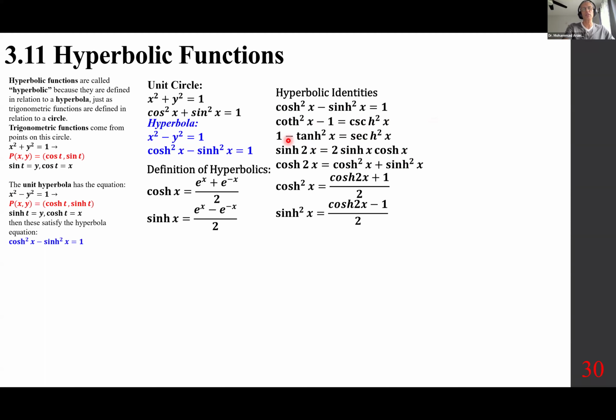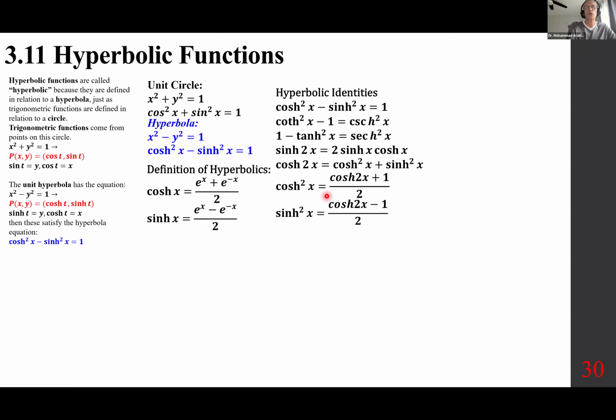Just for the sake of argument, everybody remembers sine of 2 alpha is 2 sine alpha cosine alpha. So similar to that, cosh 2x is cosh squared plus sinh squared. Now you may remember that cosine of double angle, cosine of 2 alpha, is cosine squared minus sine squared. So there are some similarities, some differences.